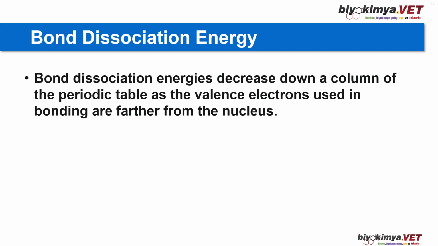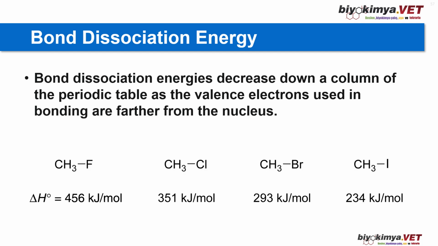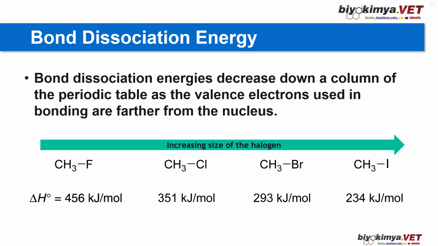Bond dissociation energies decrease down a column of the periodic table as the valence electrons used in the bonding are farther from the nucleus. As an example, take the haloalkanes: fluoromethane, chloromethane, bromomethane, and iodomethane. Increasing the size of the halogen, as you see, decreases the enthalpy change.